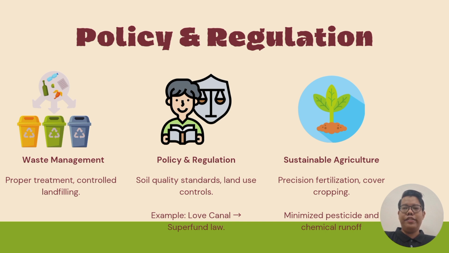Practices such as precision fertilization, reduced pesticide use, cover cropping and composting can minimize chemical runoff and soil degradation. In waste management, proper treatment and controlled landfilling reduce leachate formation and limit heavy metals and organic contaminants released into the soil.